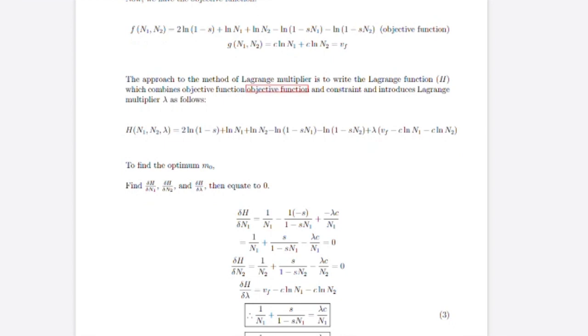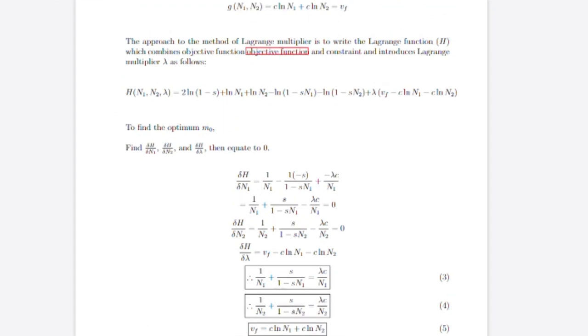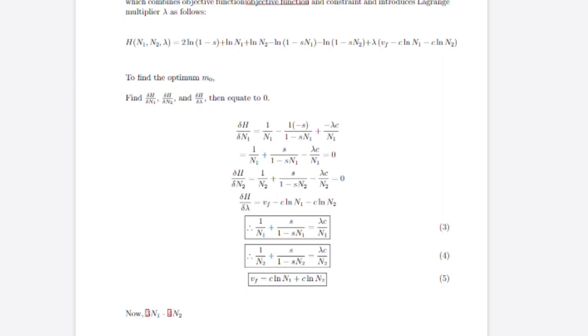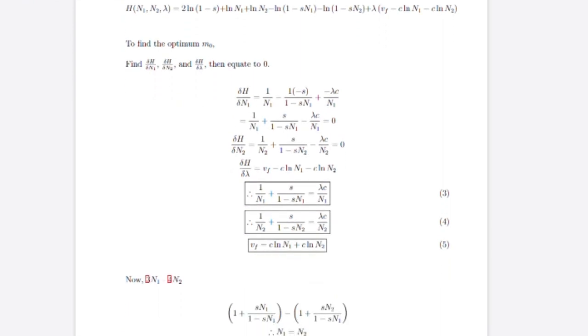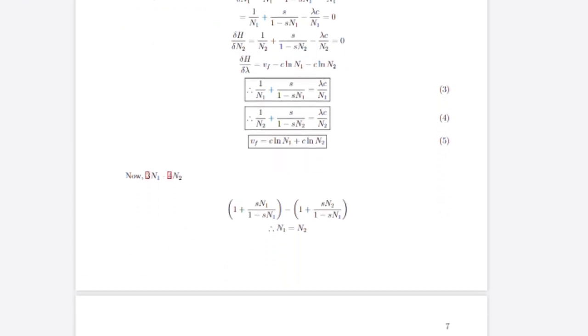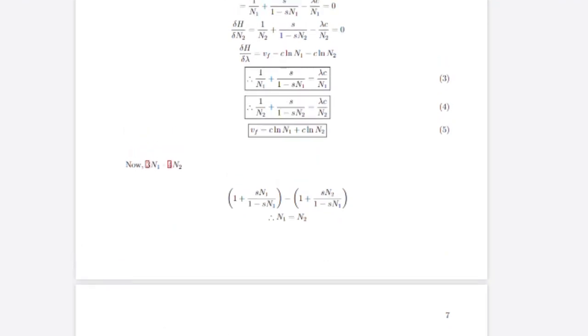Now we'll bring Vf to the LHS part and equate it to 0. Now we will introduce the multivariable calculus and apply the concept of Lagrange multipliers. So now, by partially differentiating the function with respect to n1, n2 and lambda, we get the following 3 equations. Equating them to 0, we get our final result as n1 equals n2.